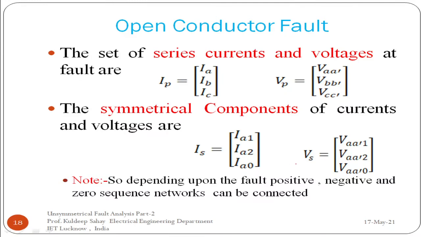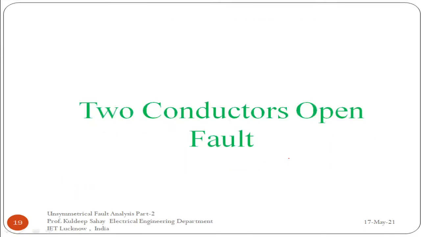The symmetrical components of voltage are VA dash 1, VA dash 2, VA dash 0. So depending upon the fault condition, we can connect these positive, negative and zero sequence networks.